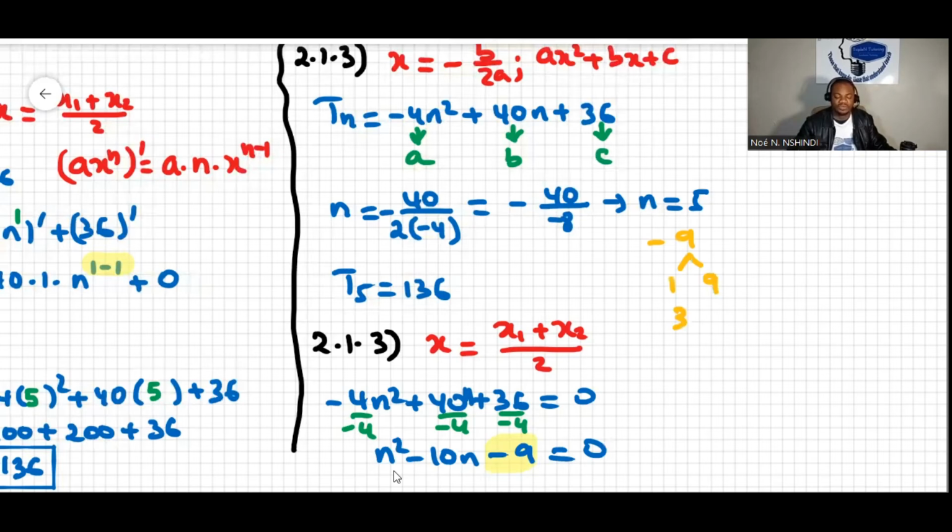So I'm going to ask myself which pair will give me -10 here. We can see with 3 and 3 we cannot, but with 1 and 9, yes, we can.